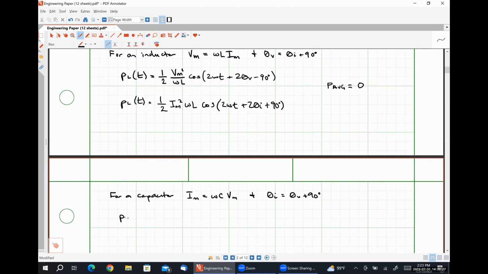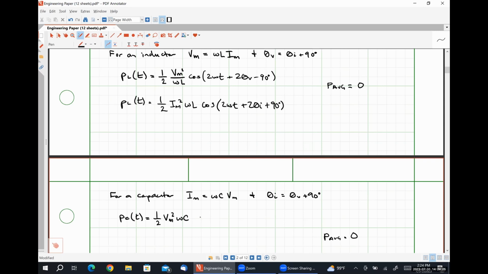So this is going to give us PC of T is equal to 1/2 Vm squared times omega C. And then we're going to have the cosine of negative 90 degrees when we do the cosine theta V minus theta I. What's the cosine of negative 90? 0. Exactly right, which means our average power is what? 0. Exactly right. So for either of our energy storage elements, the average power is 0.